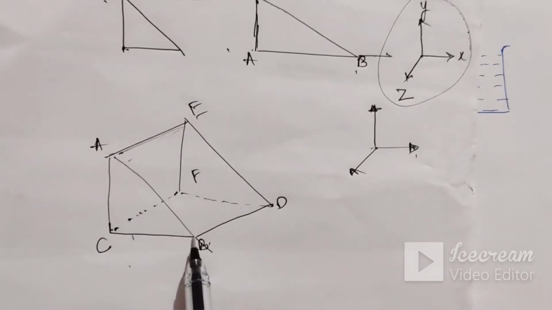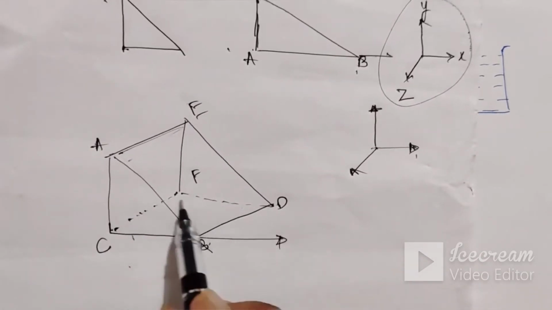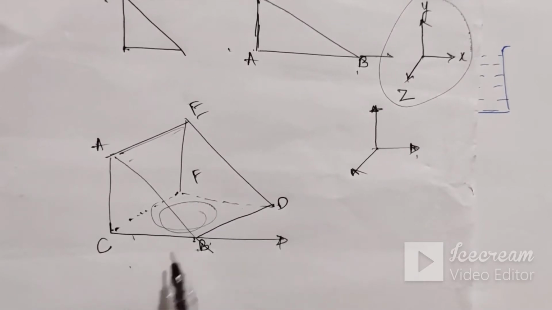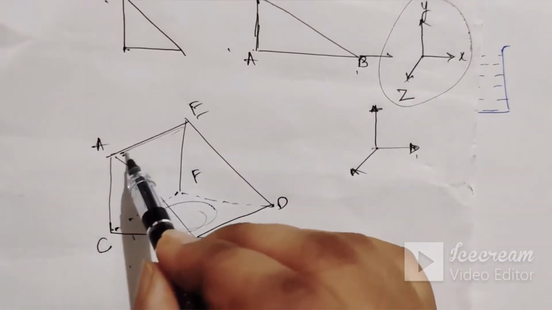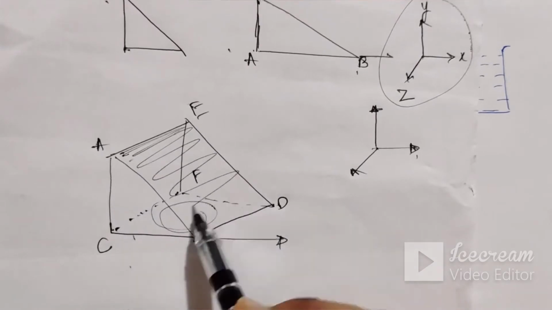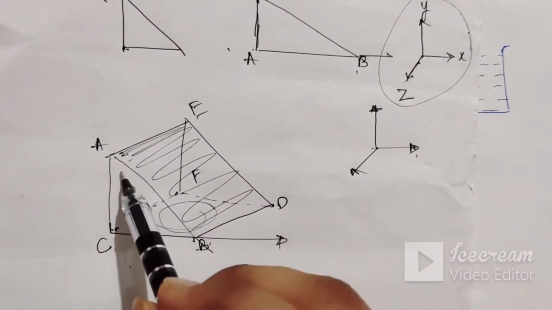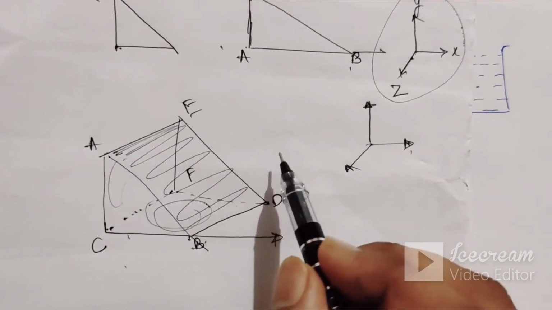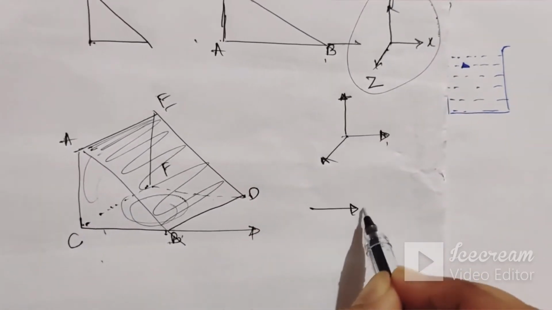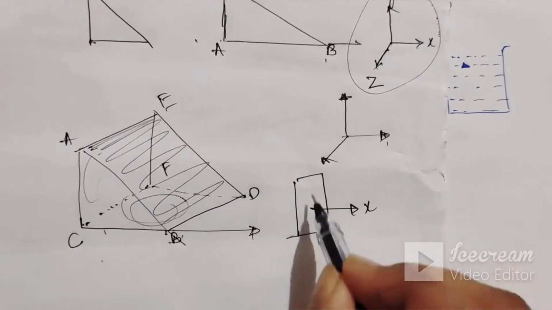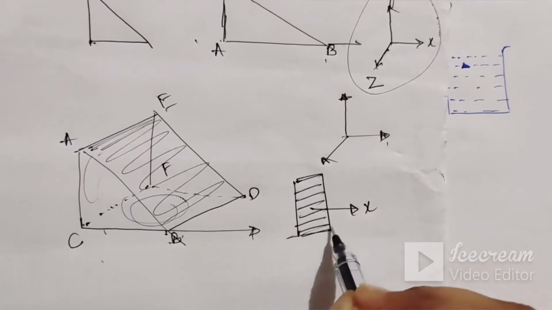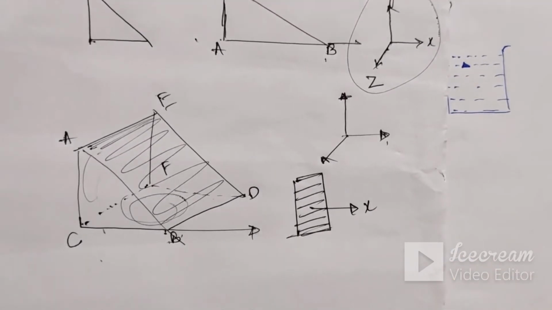In the direction of X I get an area, in the direction of Y I get an area like this, and in Z I will get an area.